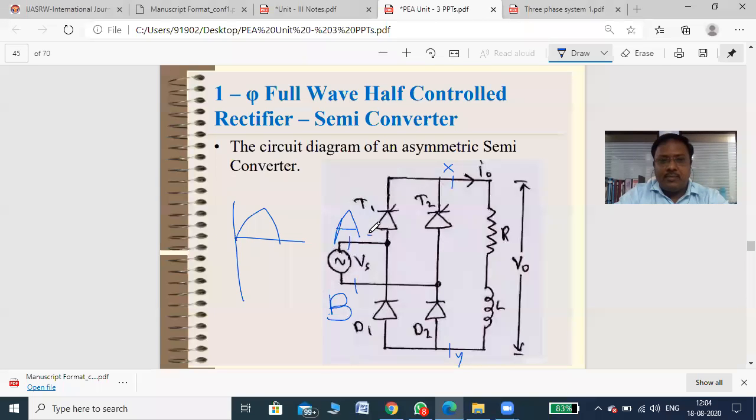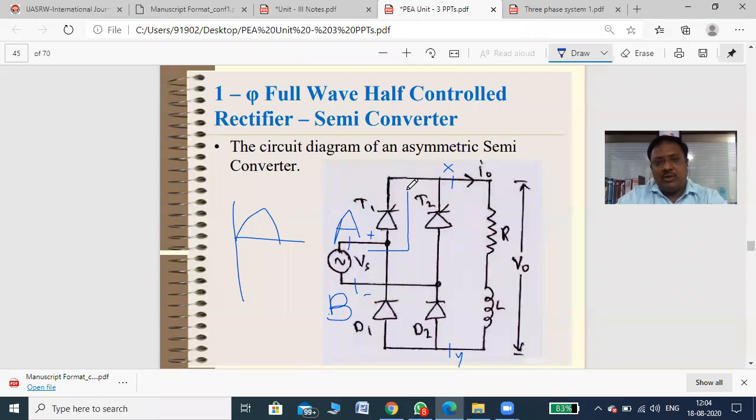Firstly, we have to turn on our thyristors with their gate pulses. Then, due to the positive polarity, the thyristor T1 and the diode D2 are on. In the positive cycle, the thyristor T1 is on and the diode D2 is on. Am I right, sir? Yes, yes.